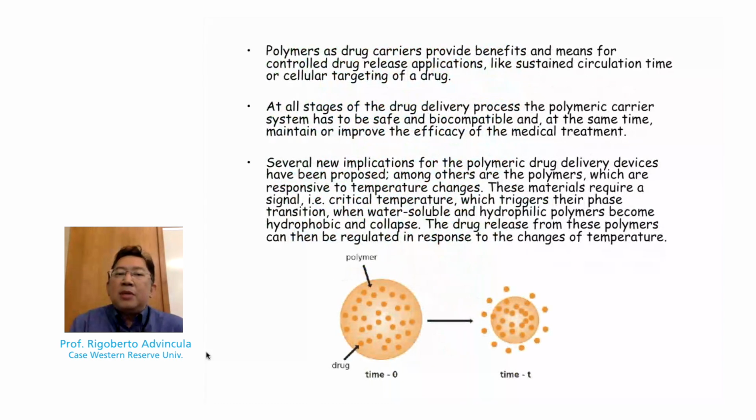Now, polymers as drug carriers has many benefits in terms of controlled release. Now, the term polymer excipient, which we will discuss in a little while, refers to actually the help of polymers in packaging the drugs so that you can improve their efficacy.